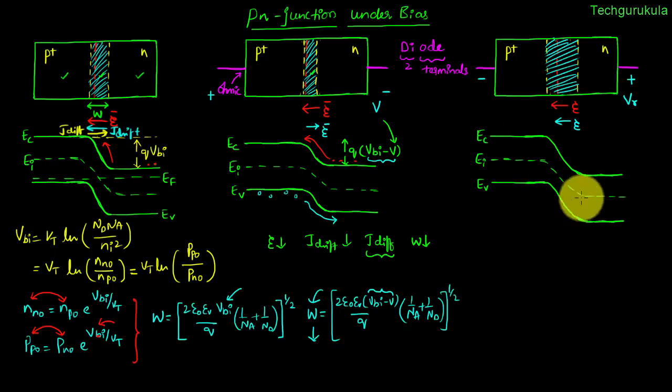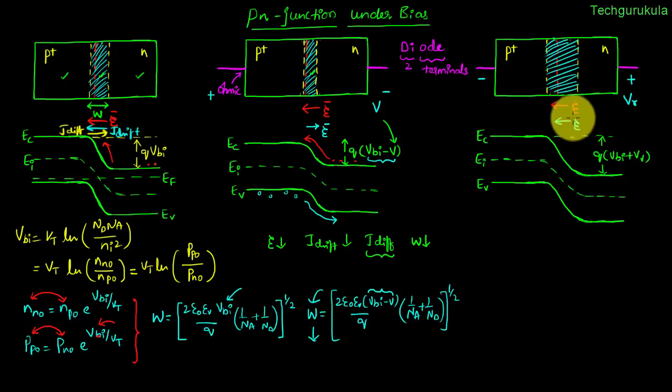This energy band diagram indicates the slope of EC has increased, which indicates that the electric field in the depletion region has increased. And that's what we discussed. At the same time, we can see that the overall band of the energy band diagram would indicate Q times (VBI plus VR).